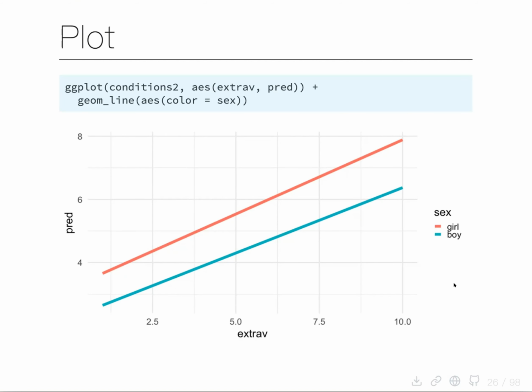Okay, so this is a marginal effect because it's not for any specific classroom, and we're sort of averaging across classrooms basically, and then we're looking at the relation between how our model would predict boys versus girls as a function of extroversion for popularity.